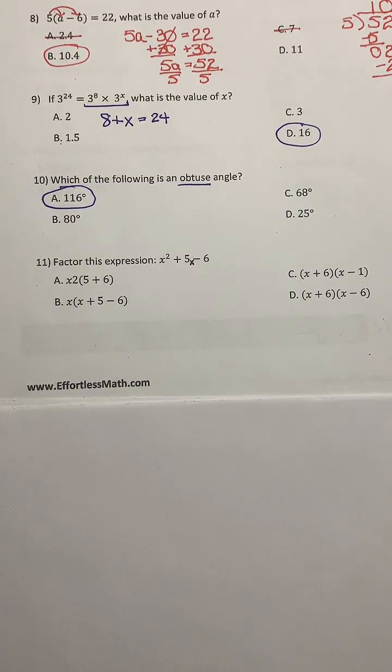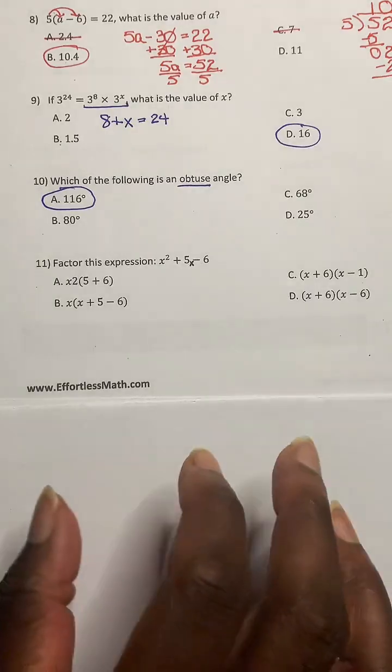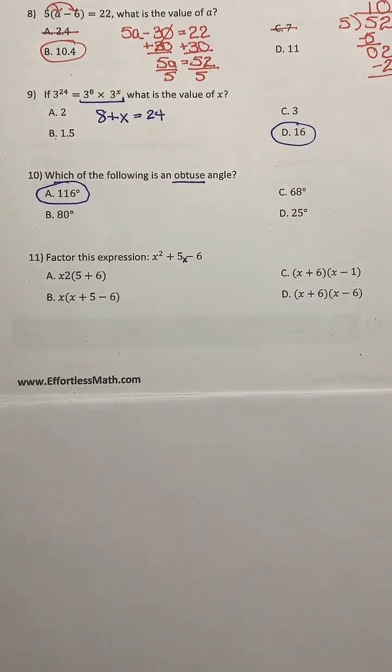How do you do this equation? I'm going to break it on down in a second. Okay. You can't see C and D right there. Okay.